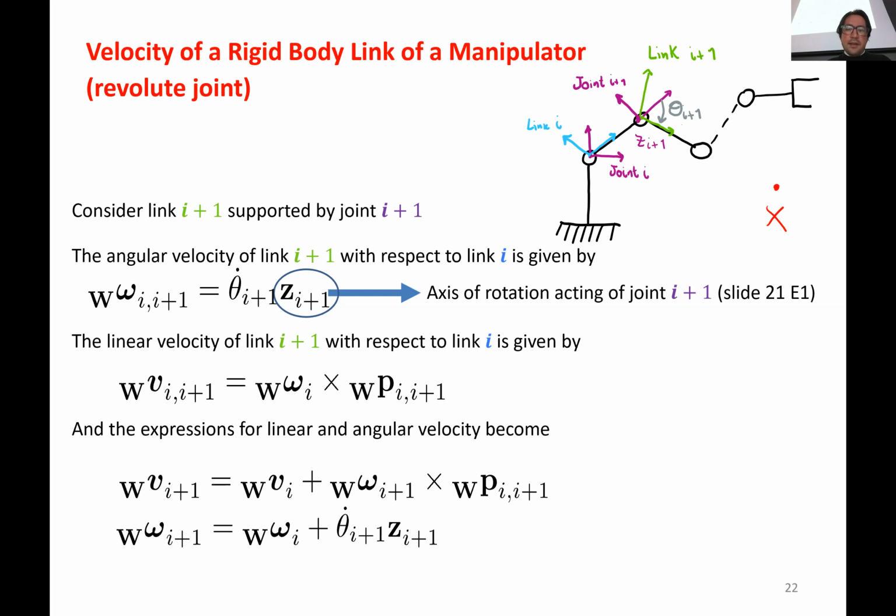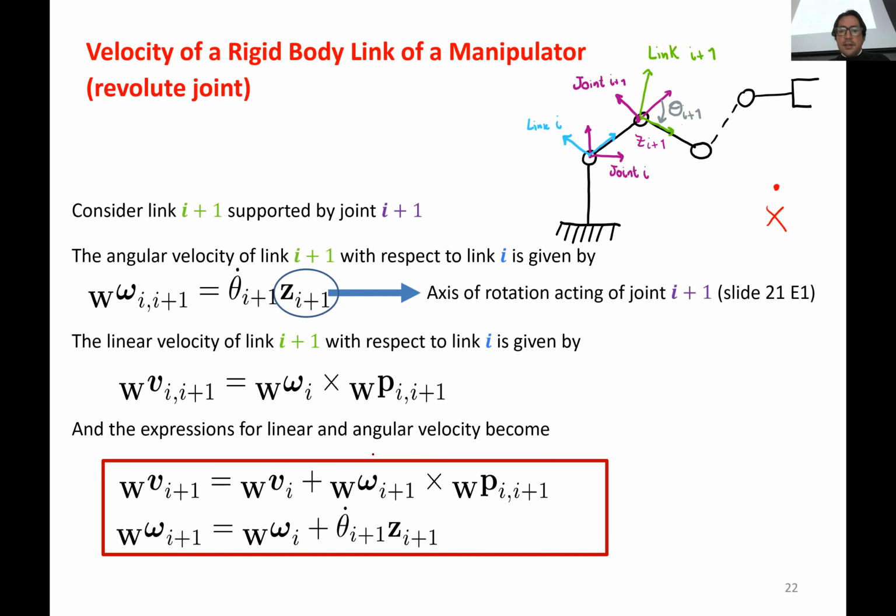But I told you that we didn't know this omega, but then we can get it as well. I just put them the other way, just to keep the order as in the previous slide. So here you have omega I plus 1. It's equal to the angular velocity of the predecessor link plus the derivative of the joint variable, that in this case is theta dot I plus 1, times the axis of rotation of joint I plus 1. And these are our expressions for the linear and angular velocities of the revolute joint.